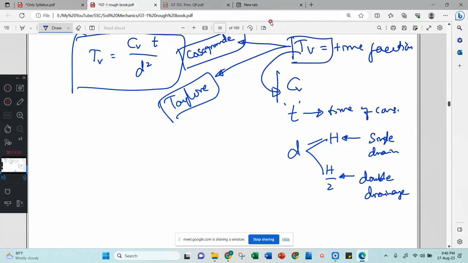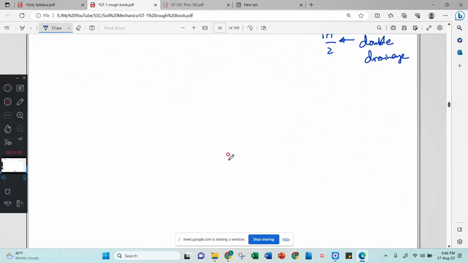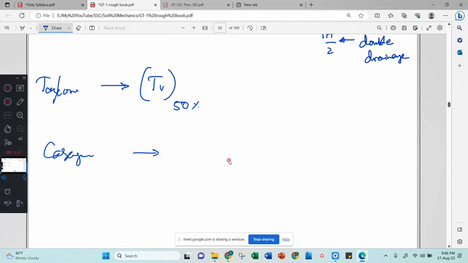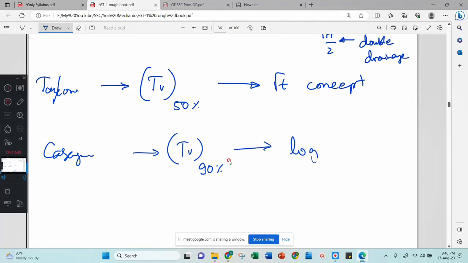By using Taylor's method or Casagrande's method, we can calculate Tv, and by knowing Tv we can get the Cv value. Remember this much: Taylor gave Tv for 50% consolidation, and Casagrande gave Tv for 90% consolidation. Taylor used the root t concept, and Casagrande used the log t concept.